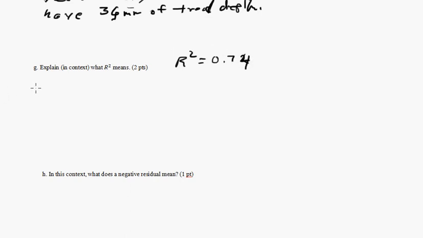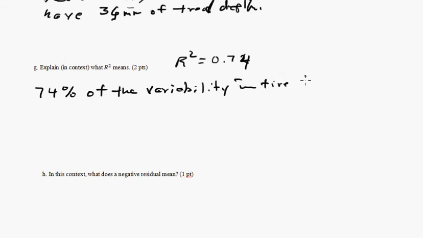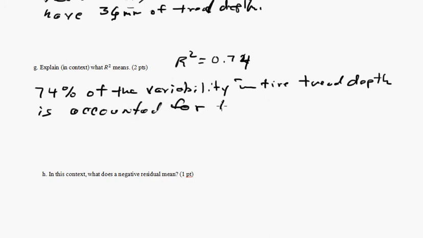So 74% of the variability in tire tread depth is accounted for by the variability in miles driven.